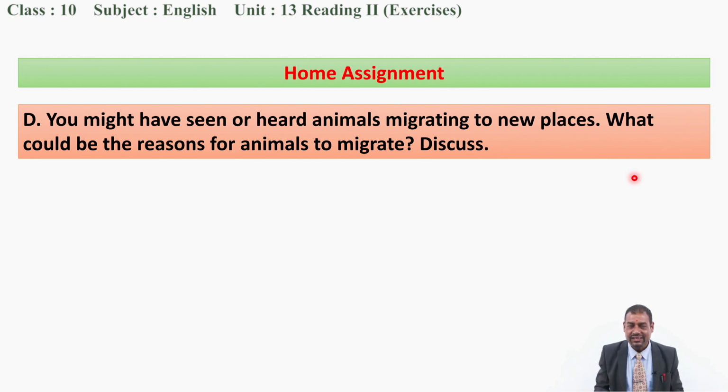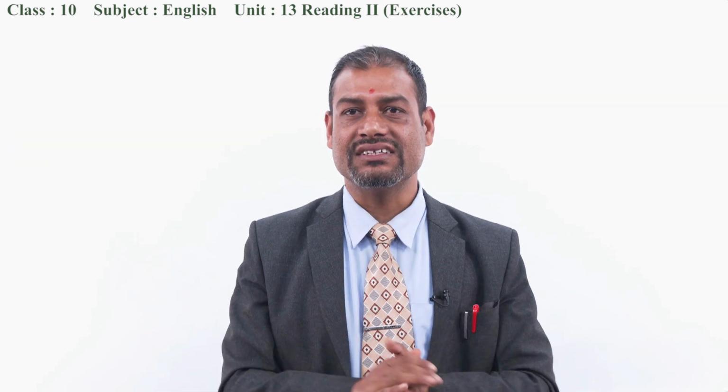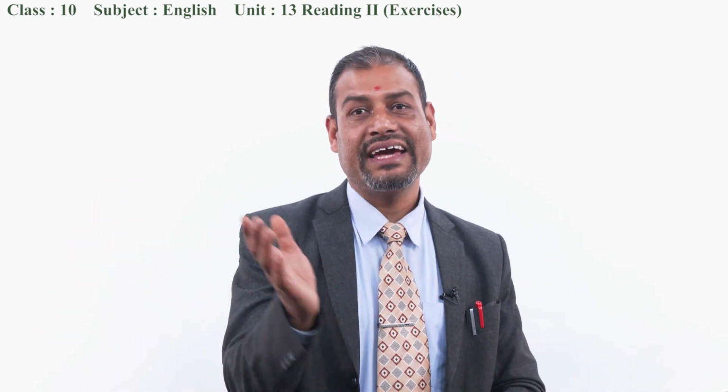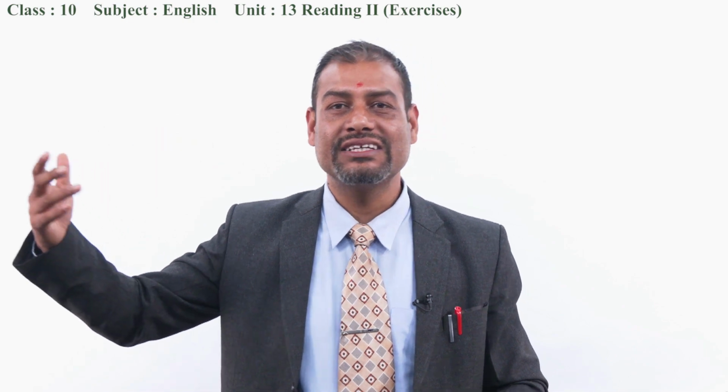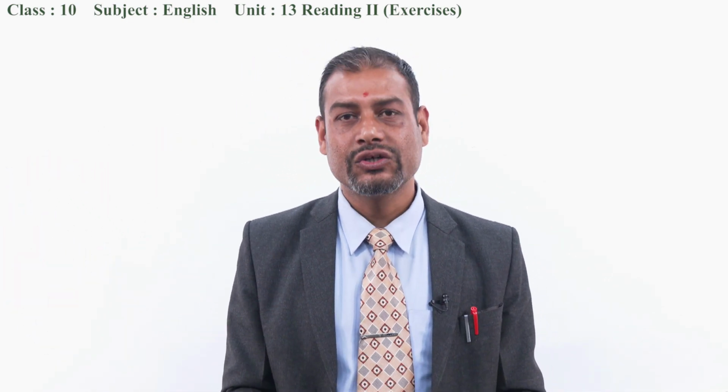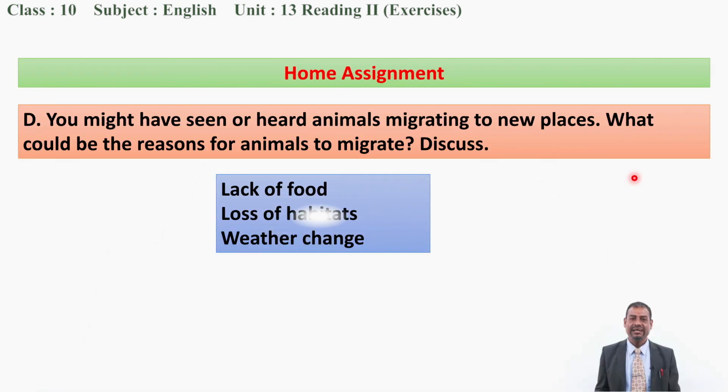You have to discuss. So can you tell me some points right now? What can be the reasons? What can be the points? Birds and animals travel from one place to another. Now the possible reasons could be, see, lack of food, for example.